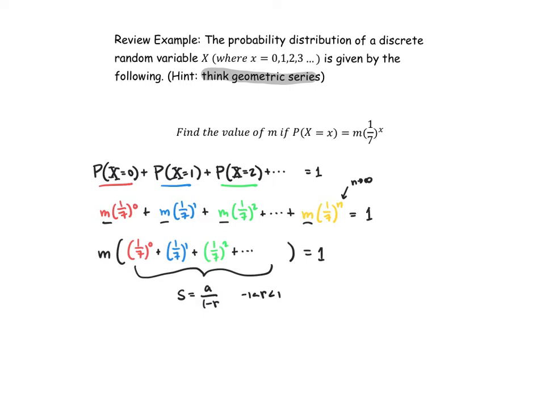It looks like to me I get this series, and I go from, let's say, n equals 0 up to infinity of 1/7 to the nth power, right? That would give me exactly what we have here, which would be 1/7 to the 0, 1/7 to the first, 1/7 to the second, etc. So I have identified that r equals 1/7.